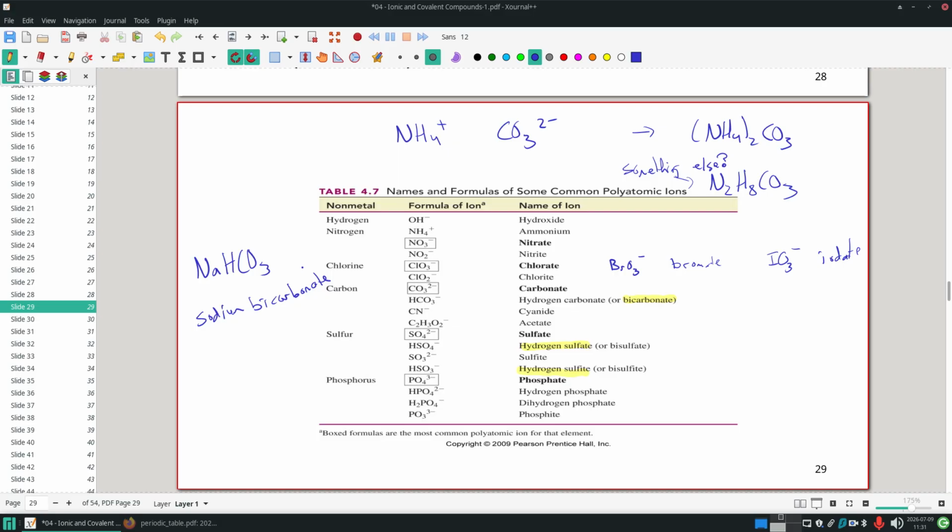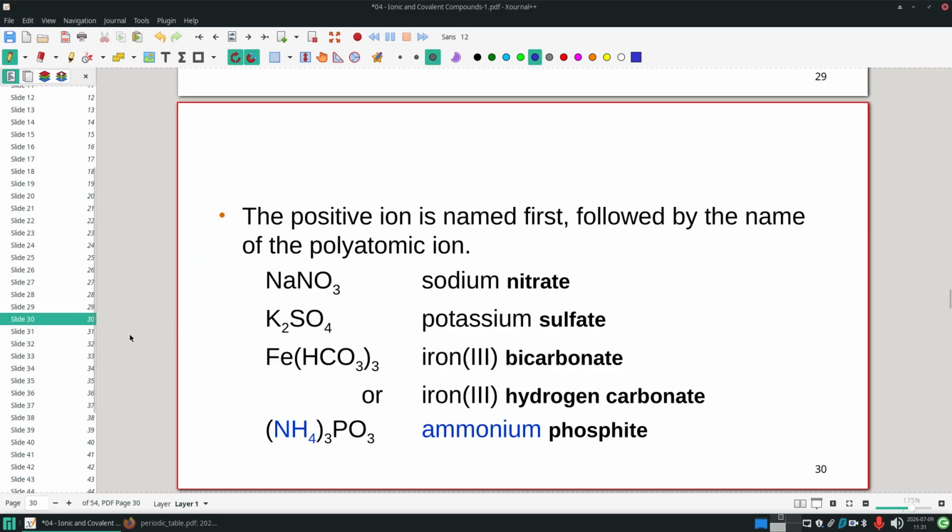Bicarbonate to distinguish it. I'm surprised we haven't kept with the bisulfate and bisulfite because it keeps you from having to write hydrogen. It's just we generally don't. We see the hydrogen sulfate and hydrogen sulfite. Alright, and then the last one here, it's got that ammonium with it, so ammonium phosphate.